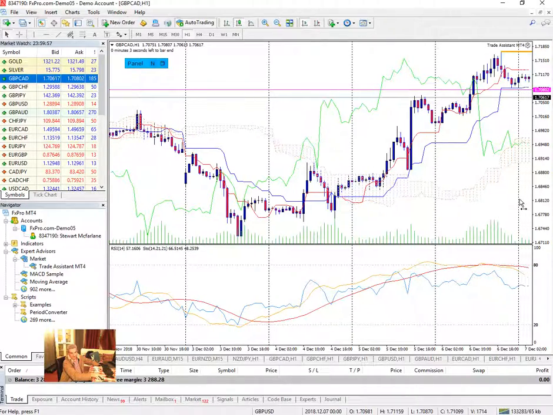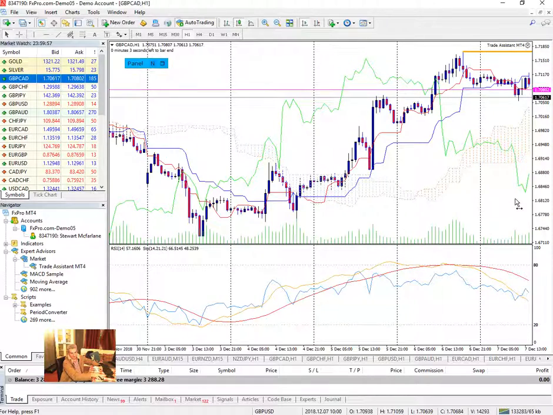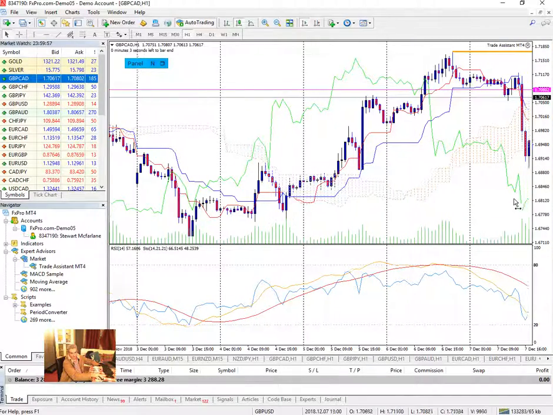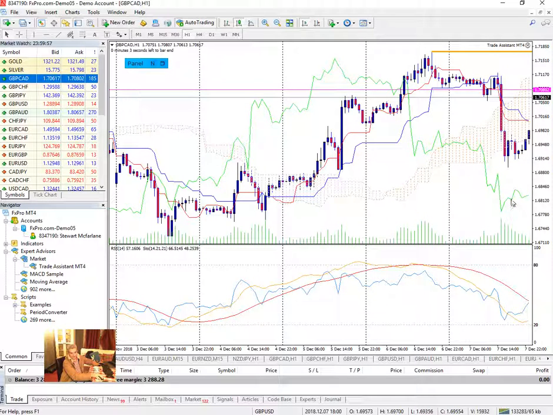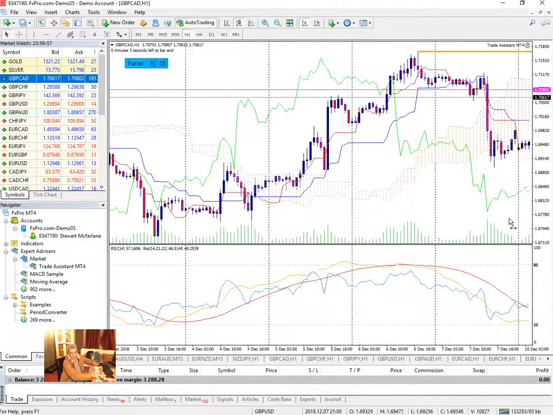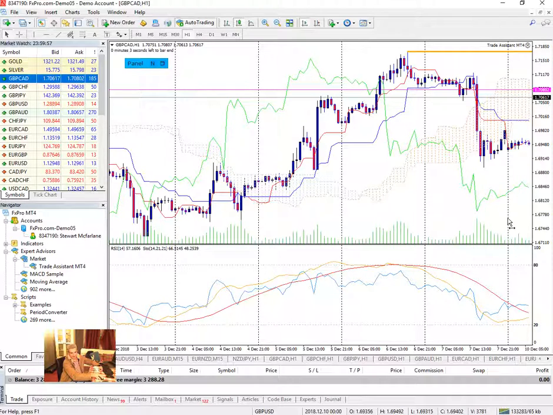Now let's see what happens. Yeah, there we go. There's your signal. Right, now there, it all depends on whether blue passes it or not. That's dodgy territory. I'd get out a little bit.